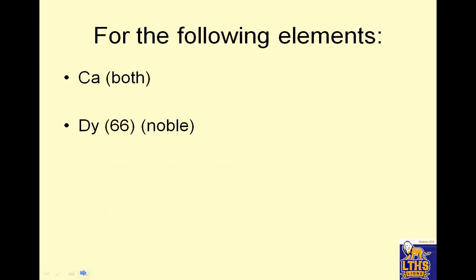For the following elements, do calcium. So going across, 1s2, 2s2, 2p6, and that takes me up to neon. The next row, 3s2, 3p6, and that takes me up to argon.